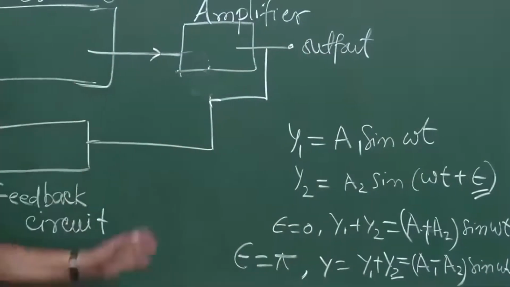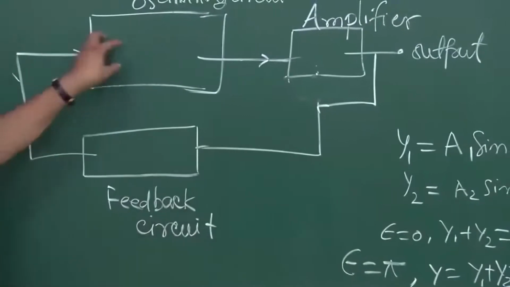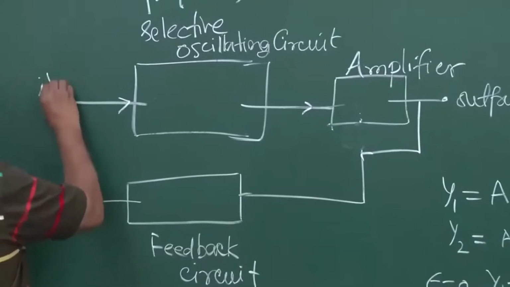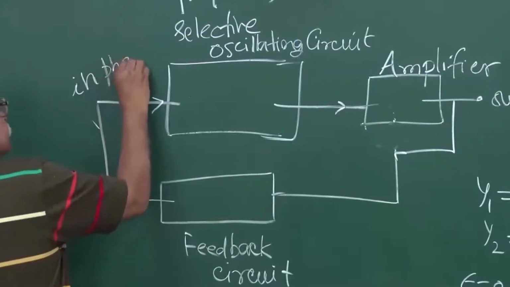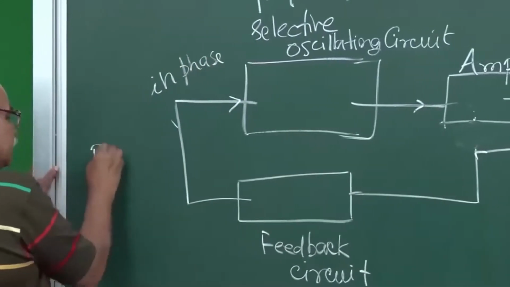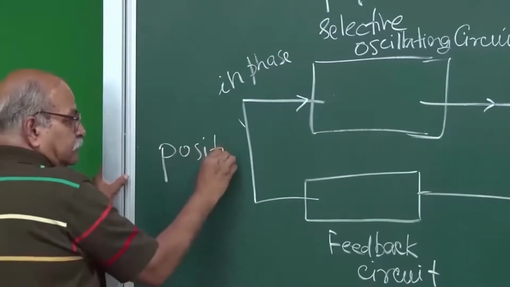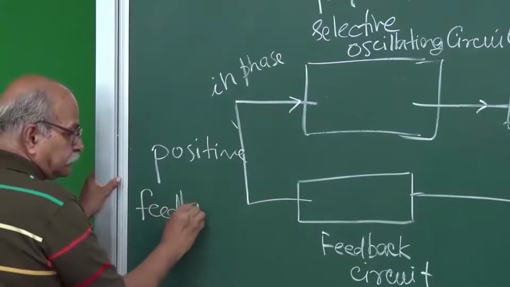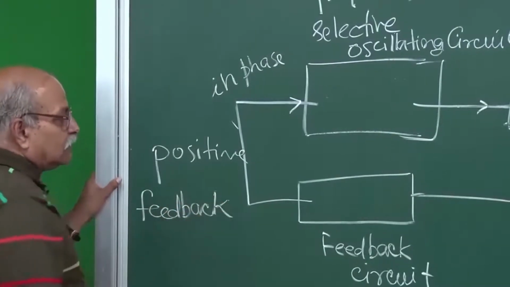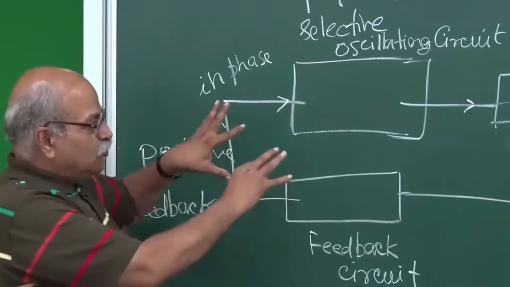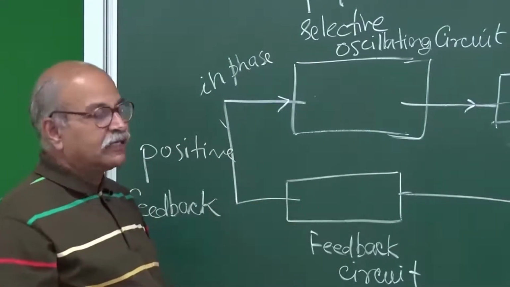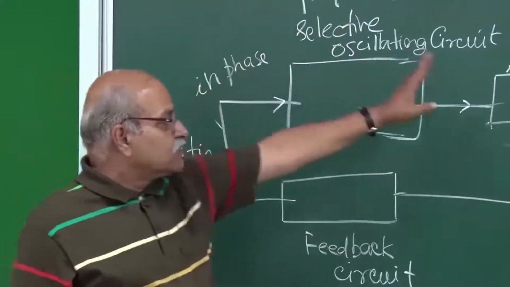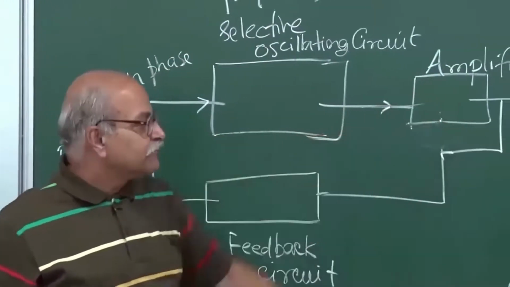So it's important that the signal which you are adding to this oscillating circuit should be in phase, known as positive feedback. So essentially this is the thing which has to be implemented. Circuits are made to do this kind of thing, and the transistor actually comes here, right.